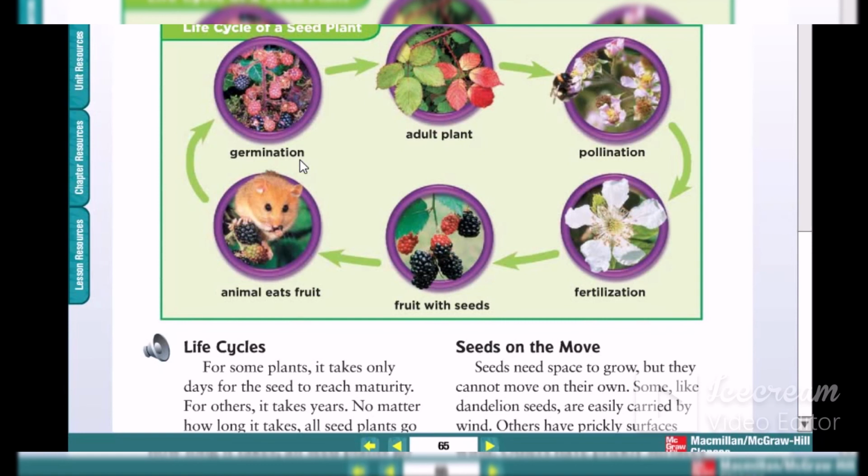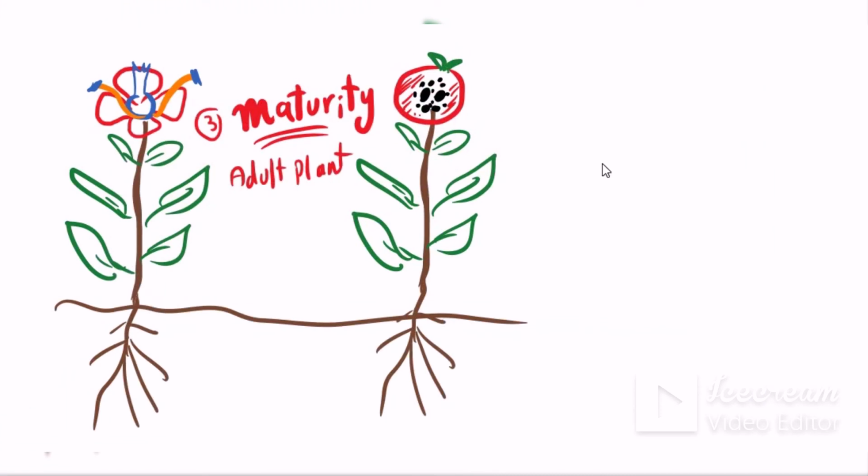Okay, let's go to another part to understand more about the plant. After we talked about the plant life cycle and saw how the plant can grow through germination, seedling, maturity, reproduction, and like that, let me ask you a very important question. Sometimes you can see different kinds of flowers in the same garden. Some of them will be red, some blue, some yellow, and they are the same kind of plant.